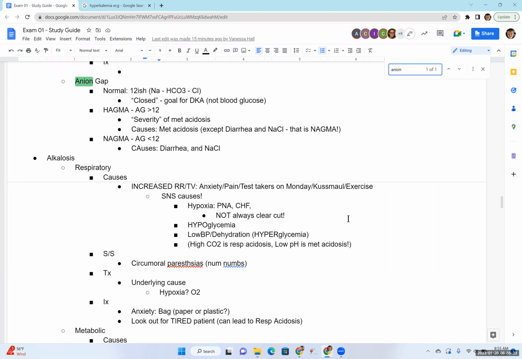So that can tell you those are getting worse. When is your anion gap elevated? Greater than 12. That's eight times out of ten.